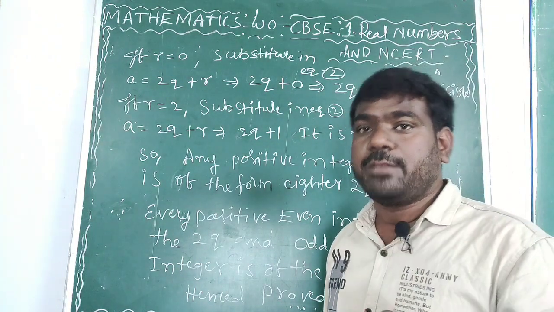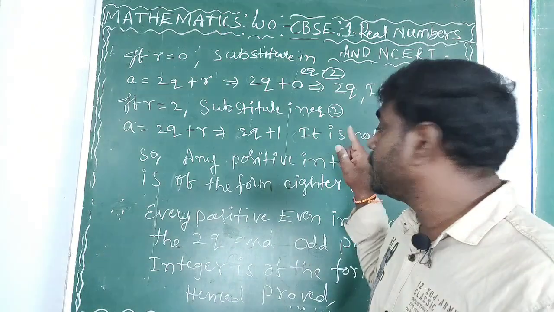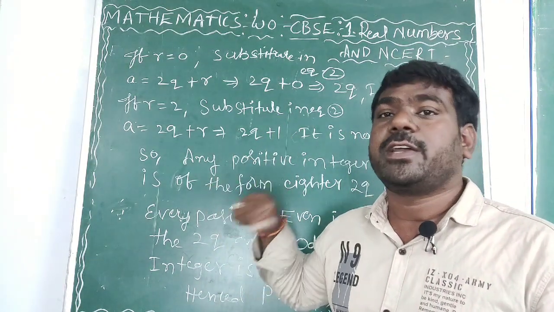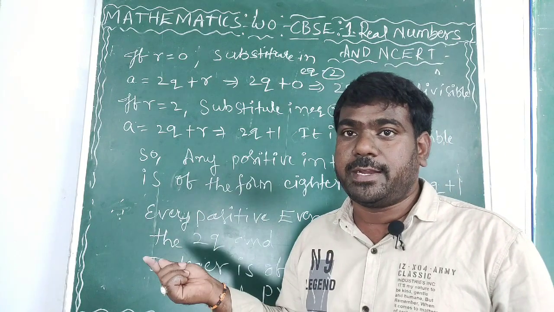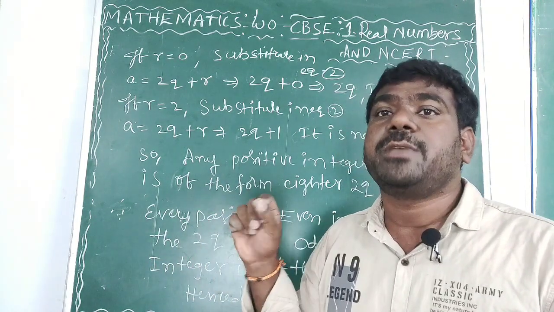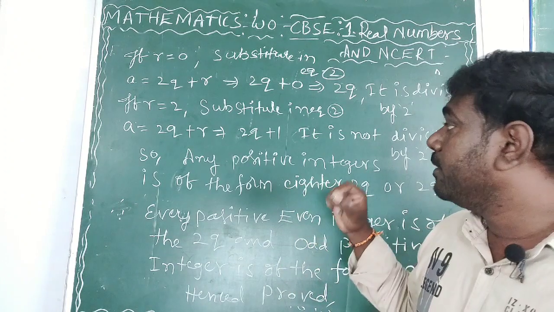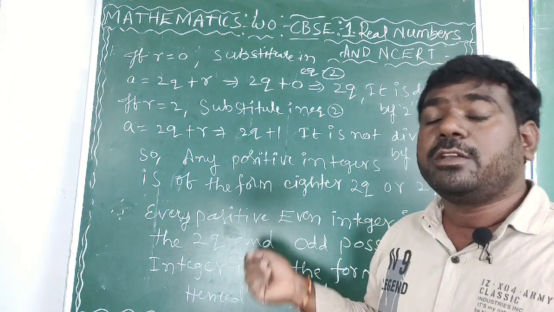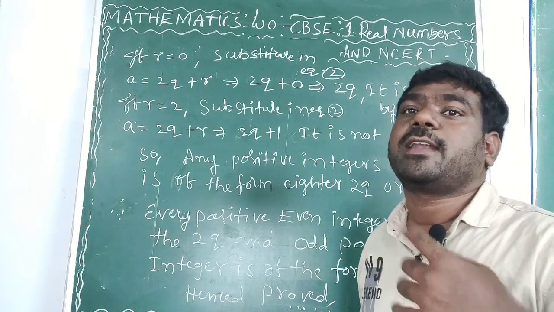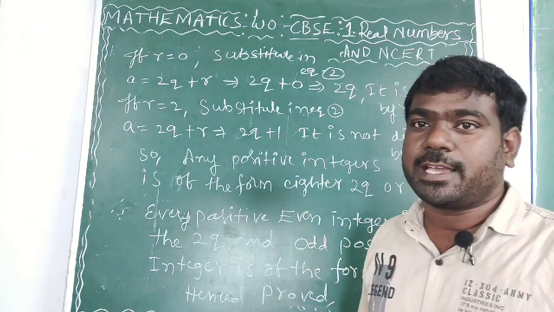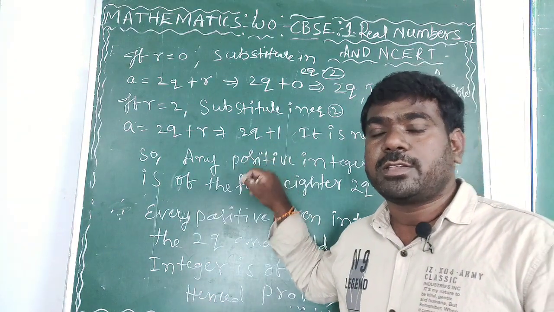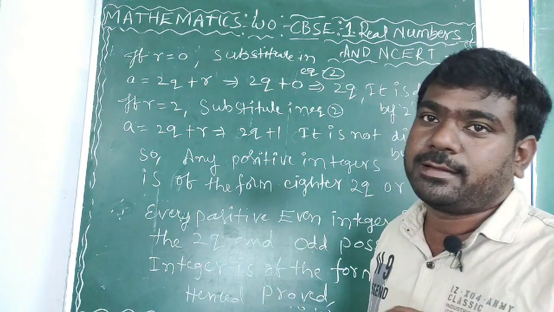After taking the b value, we substitute it in the Euclid division lemma statement and get the second equation. If we know the b value, we can write the r values, here 0 and 1.